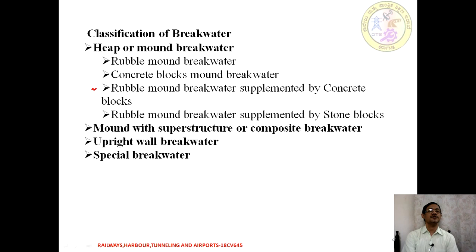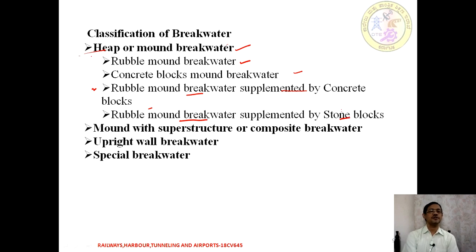First type is the heap or mound type of breakwater. In this type, we have the rubble mound type, then the concrete block or mound type. Next is a rubble mound supplemented by a concrete block. Then a rubble mound breakwater supplemented by stone block.